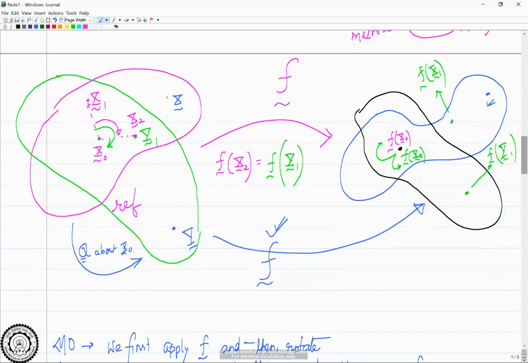The tensor sigma, not the components of sigma. I am talking about the tensor sigma.